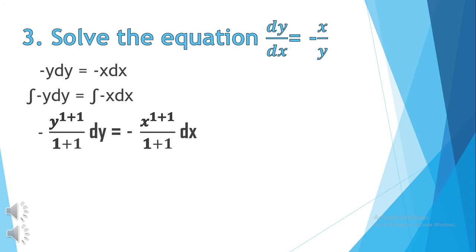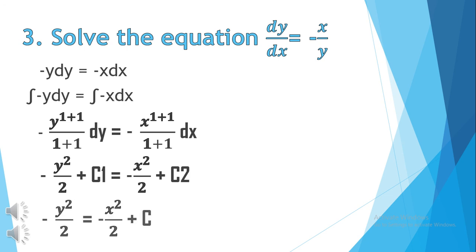Add the exponent and denominator: negative y squared over 2 dy plus c1 equals negative x squared over 2 dx plus c2. So our final answer is negative y squared over 2 equals negative x squared over 2 plus c, where c is an arbitrary constant.